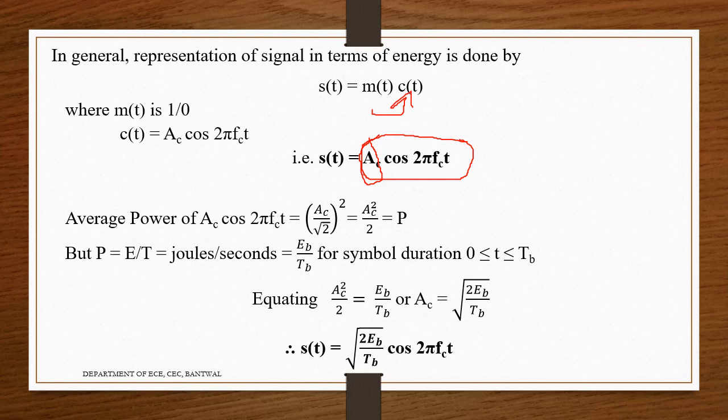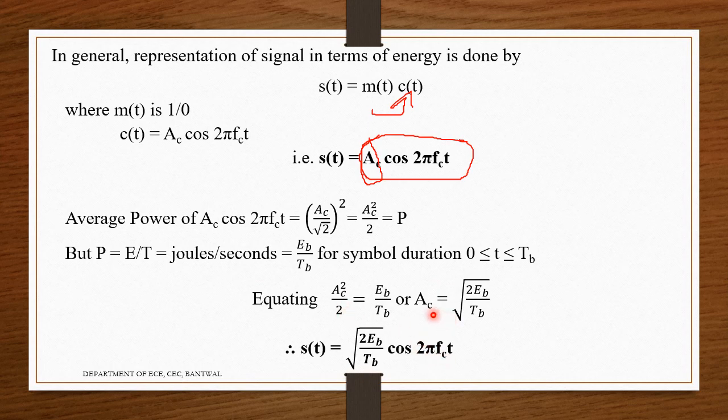But P is equal to E by T, which is joules per second. E is joules, divided by seconds. So EB by TB, because here we are considering bit by bit transmission. So I am considering EB divided by TB for a duration of 0 to TB here. Equating AC square divided by 2 is equal to EB by TB.